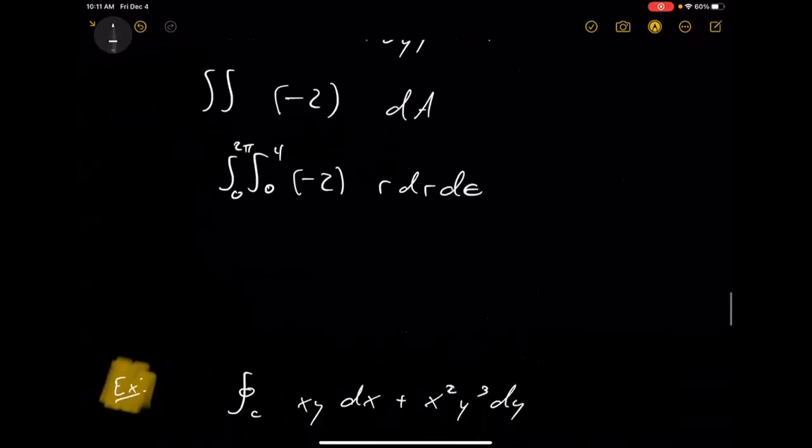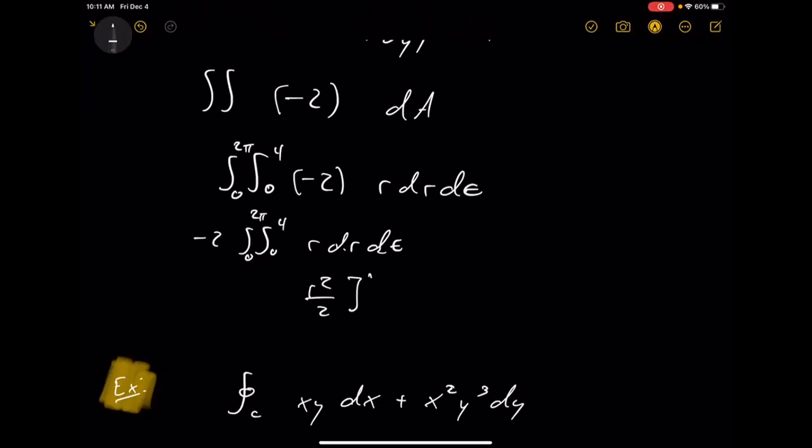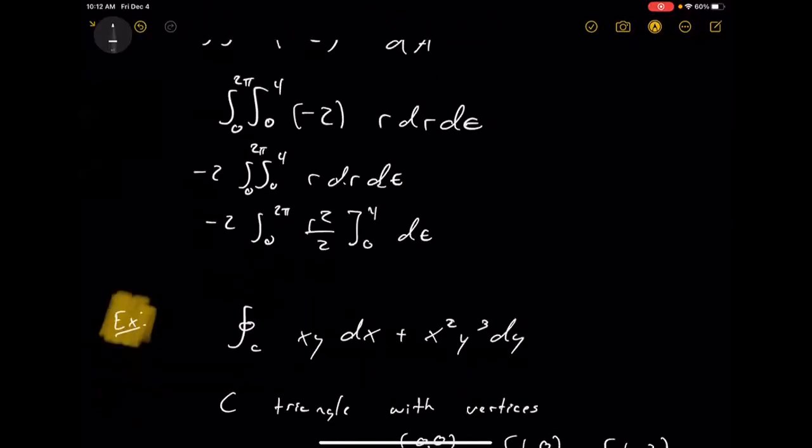Okay. Let's pull our -2 outside. Then we're integrating this. Okay. r squared over 2 from 0 to 4. What is that? Well, that's 16 over 2. That's 8. Okay.